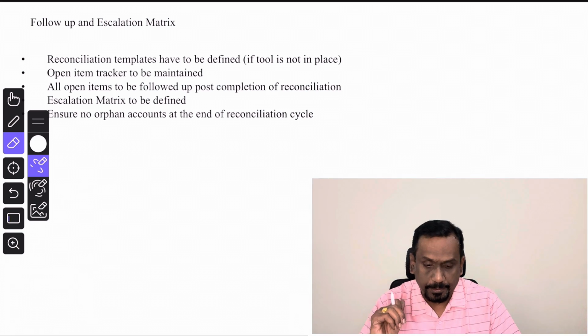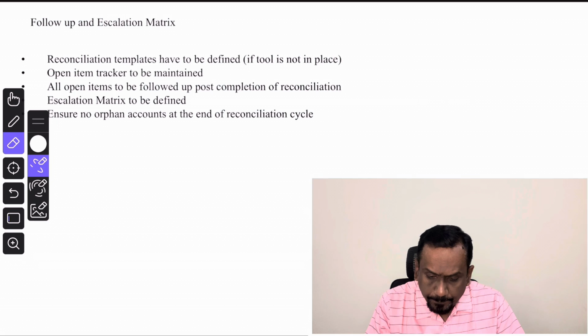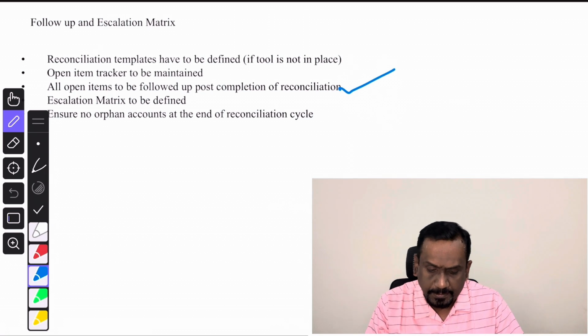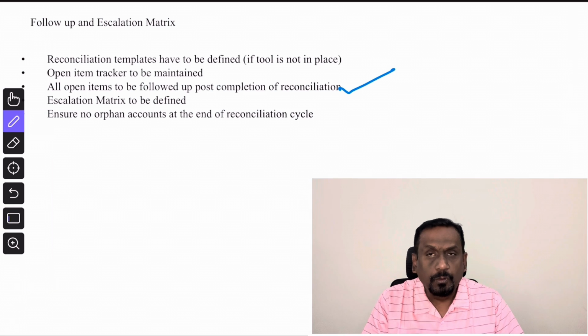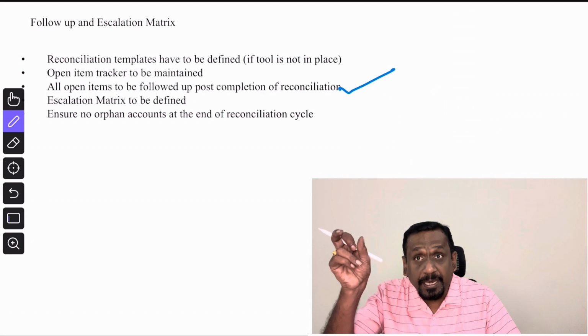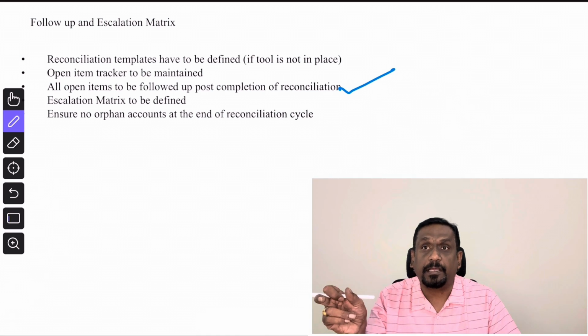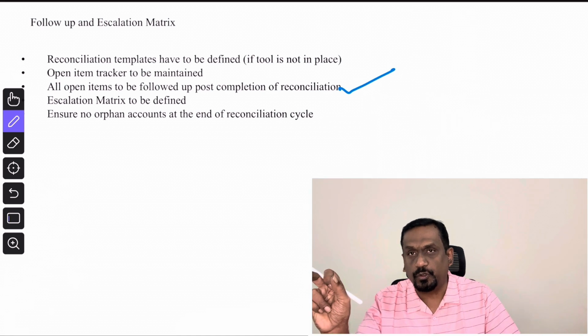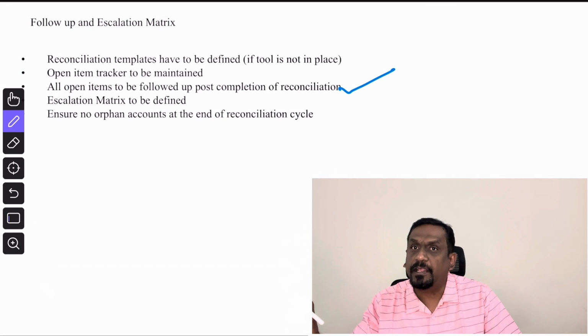This is the second point. The third point is, anyway, I told you about follow-up mails. You need to do the follow-up, and for each transaction, each open item, update the status in the open item tracker. First follow-up I have done on so-and-so date. If required, you can add another comment column.